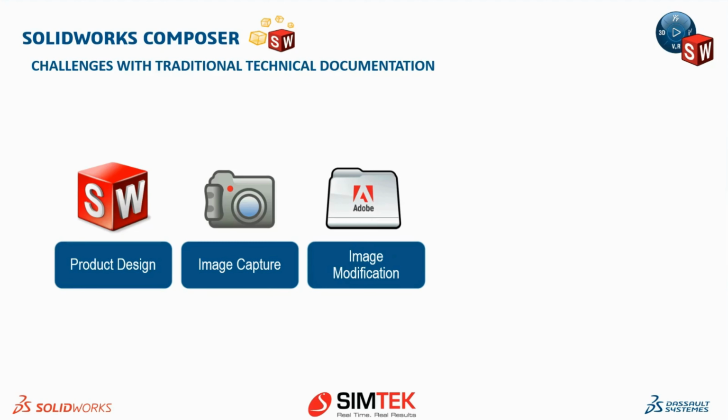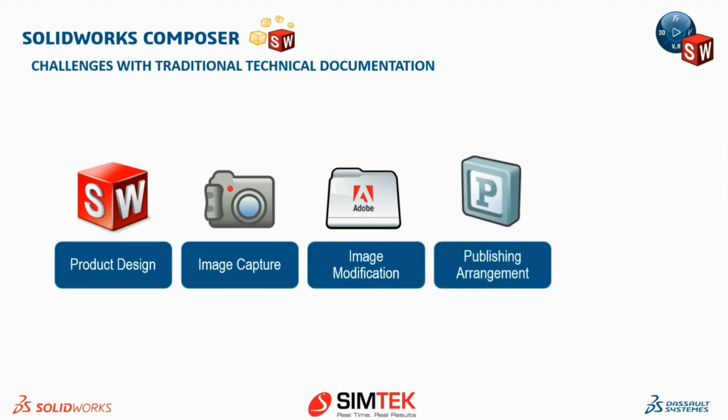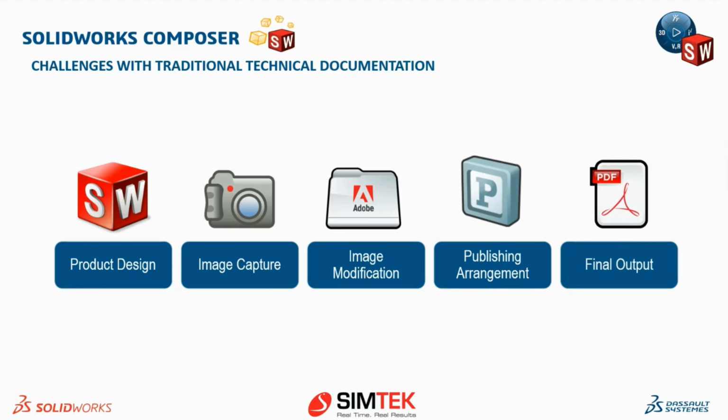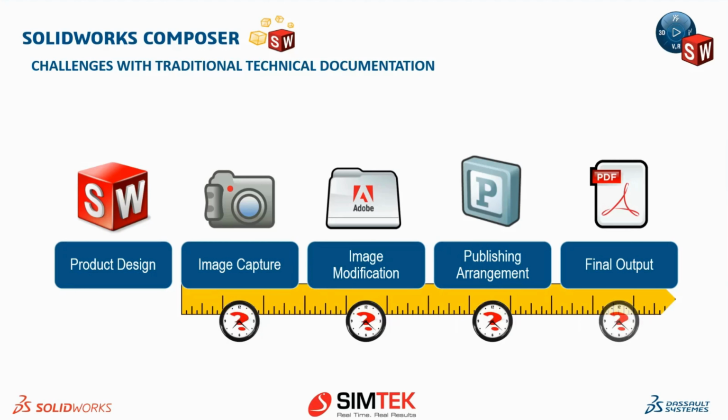After that modification, you make the publishing arrangement in a Word document, in PPT, or in Publisher, etc. Then as a final output, you can take a PDF. Involving these steps requires a certain amount of time.